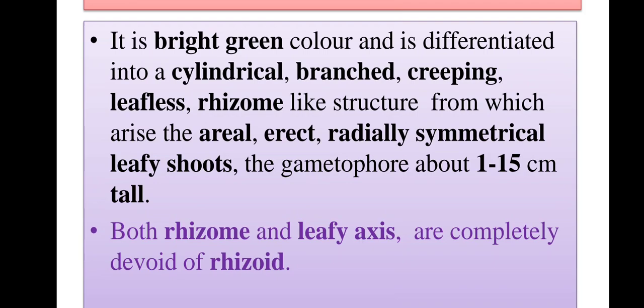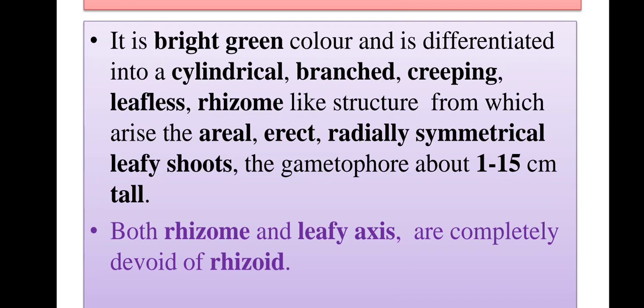In bryophytes, this is called the gametophytic plant body. It is bright green in color and is differentiated into a cylindrical, branched, creeping, leafless rhizome, having the presence of branches.